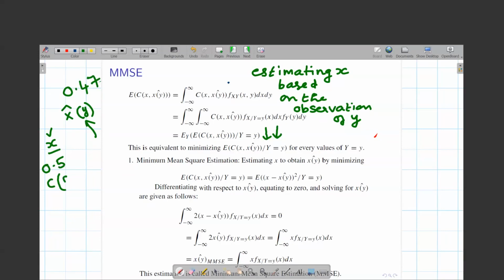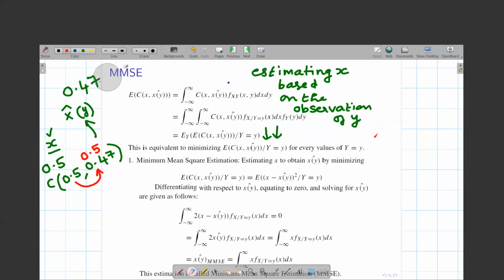Suppose I estimate this value as 0.5 itself, the exact value, then the cost function is going to be 0. This is the cost function involved here.